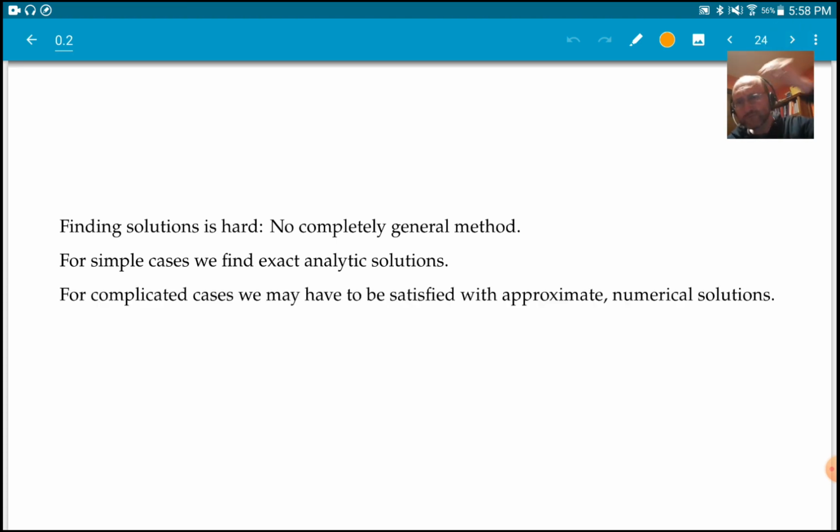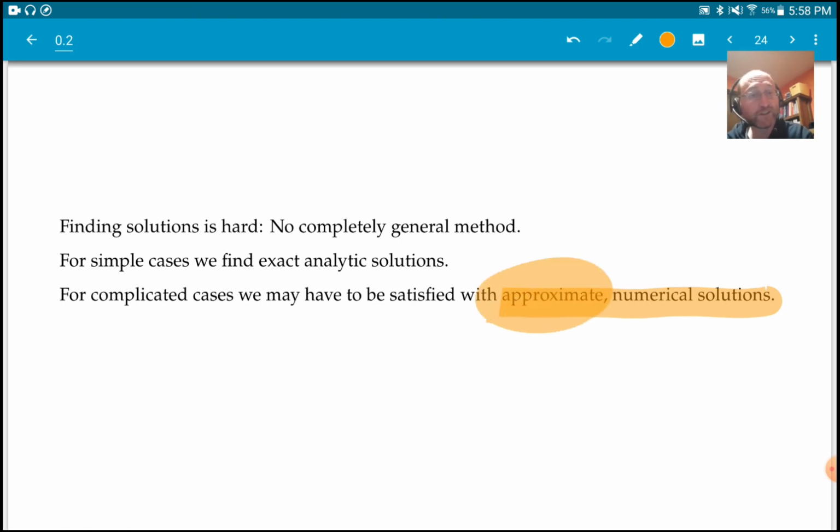In complicated cases, or even some simple-looking cases where we're unlucky, you cannot find a nice closed form solution. But we should be able to at least get numerical and approximate solutions. We won't spend too much time on how these work. It's a whole science unto itself.